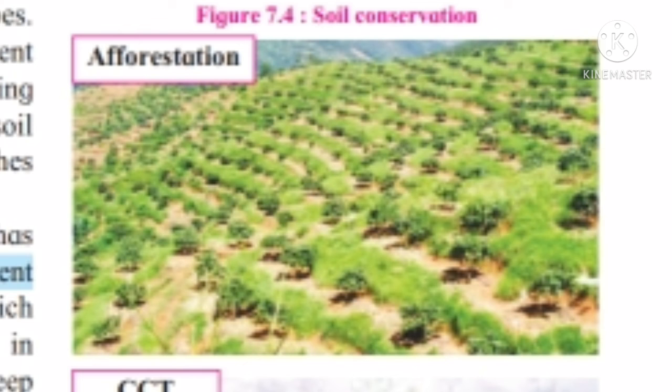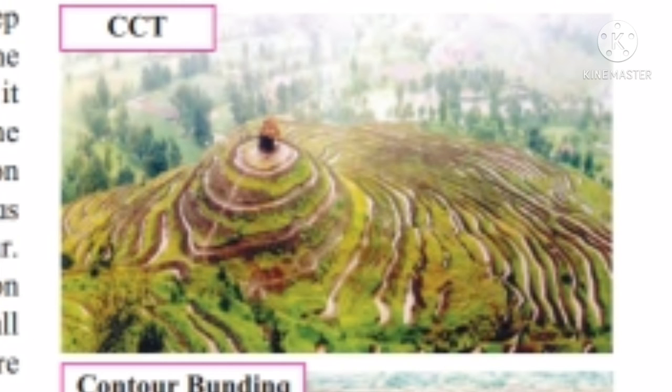Then the next important method is the continuous contour trenches, that is the CCTs. Constructing continuous contour trenches, that is the CCTs, along the steep slopes at different heights helps check the velocity of running water down these slopes, and therefore it reduces soil erosion.